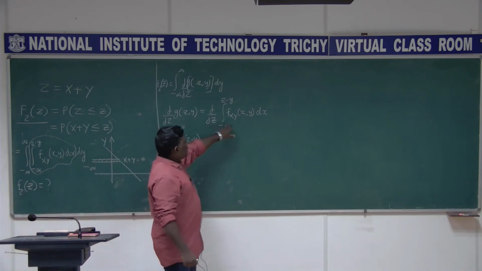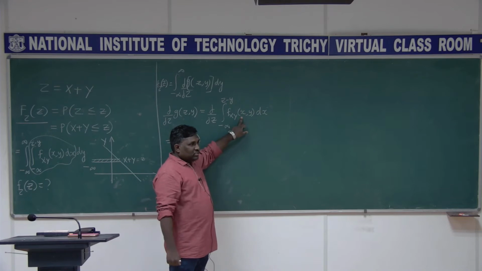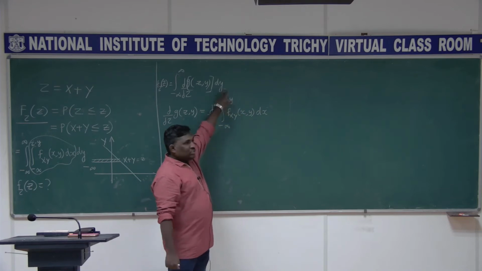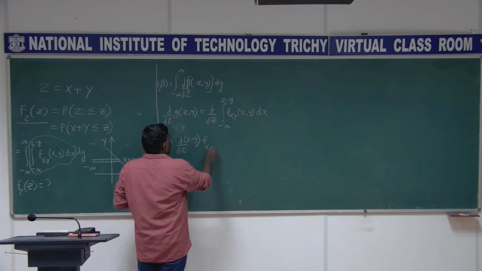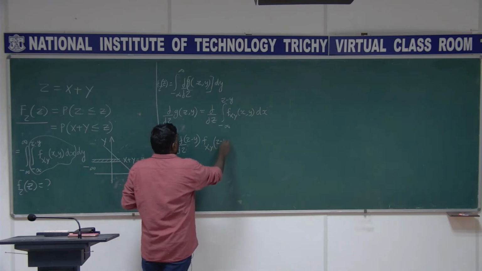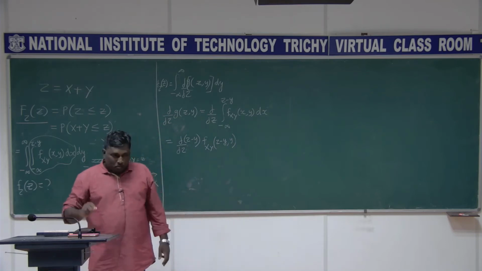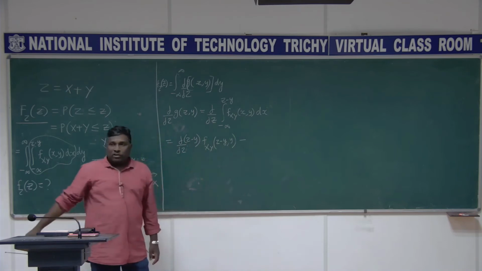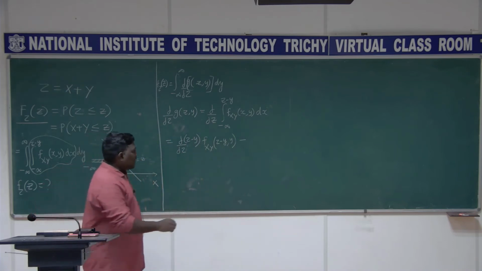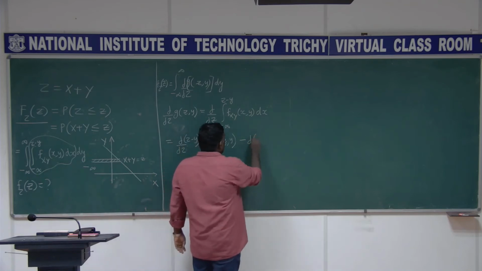See here, this integration is with respect to x. So you look for that variable x, and you replace it with the upper limit value, that is fxy of z minus y comma y, minus the differentiation of the lower limit. Formally I will do that, but anyhow it is constant, so it is going to be 0.